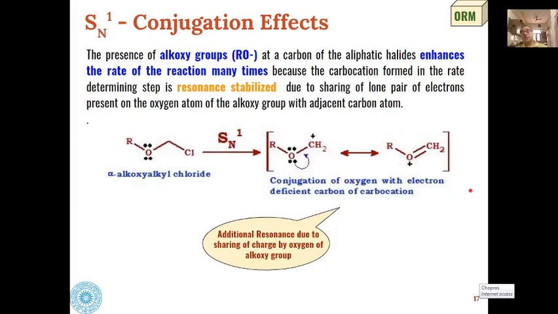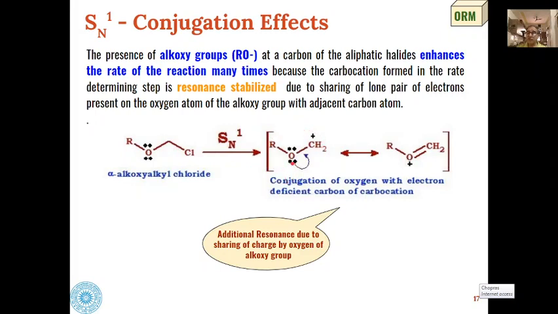Then another type of conjugation effect is of alkoxy groups at a carbon of the aliphatic halides. For example, when this alkoxy group is present at the alpha carbon in alkyl halides, then we know if the reaction takes place by SN1 mechanism, the first step is formation of the carbocation by removal of this chloride ion, and this type of carbocation is formed.